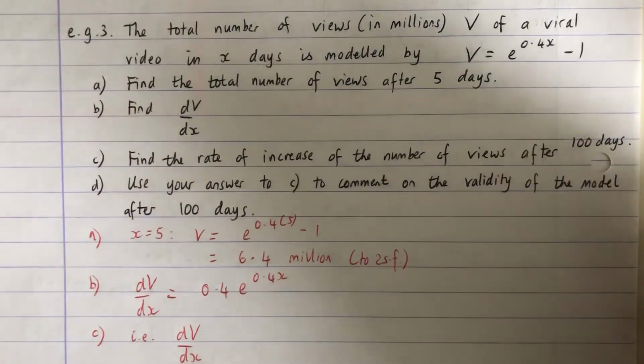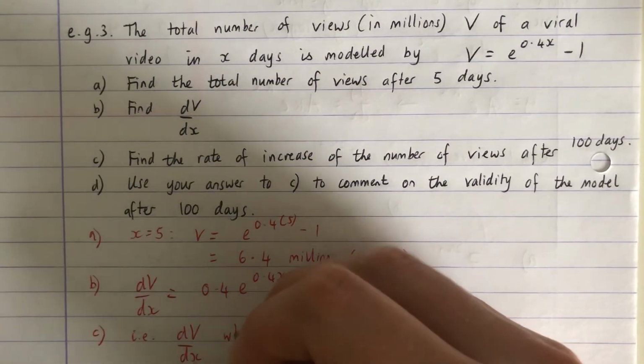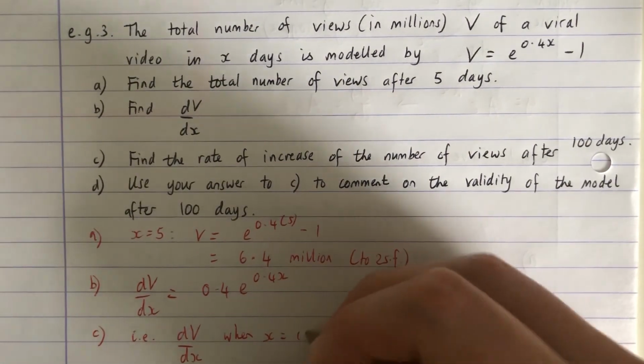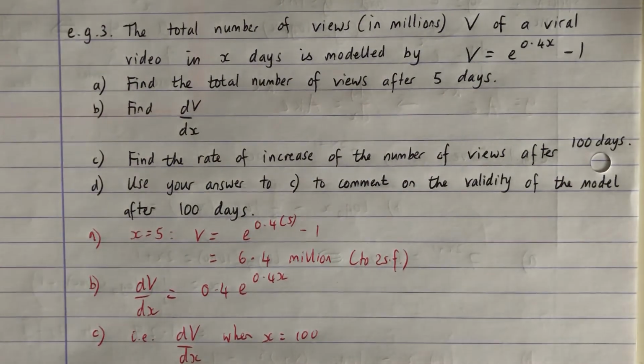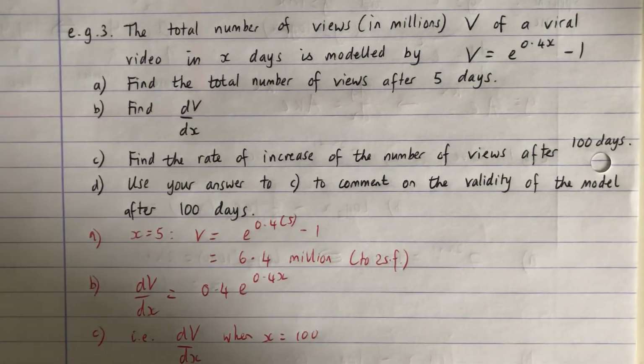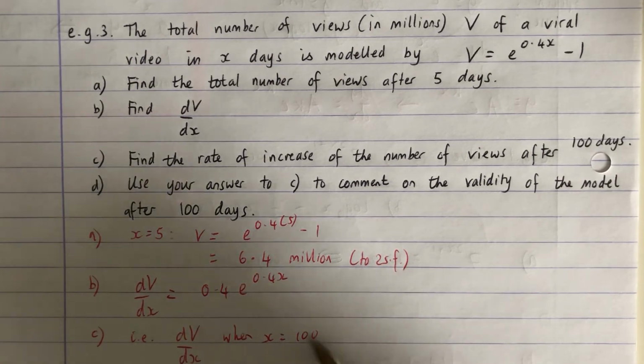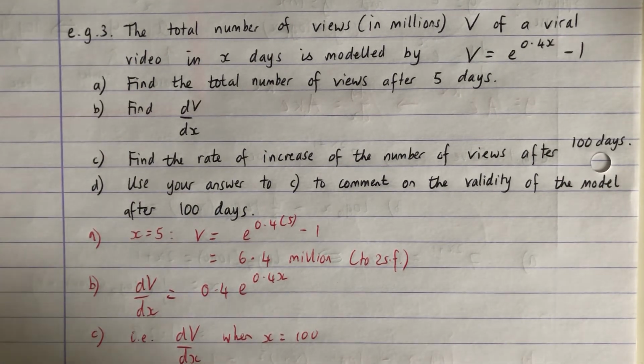But find it at a very specific point, at 100 days, when x is equal to 100. So that written question in calculus symbols means dV by dx when x is equal to 100.